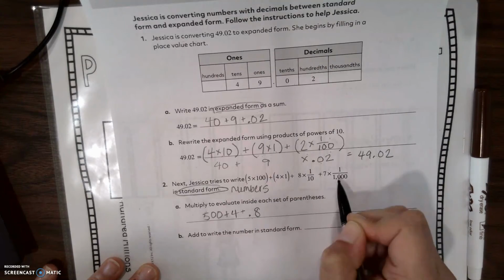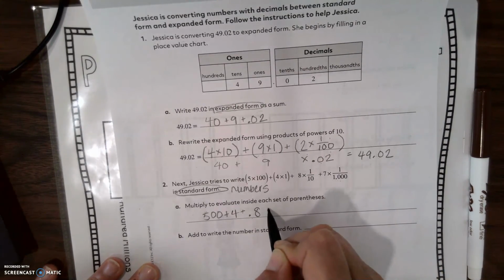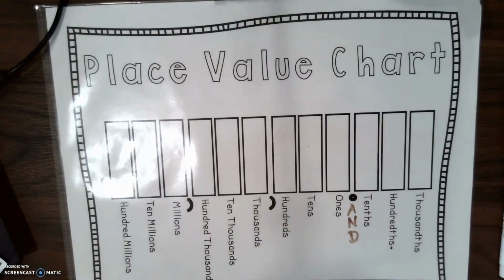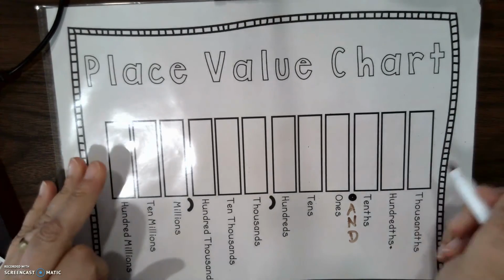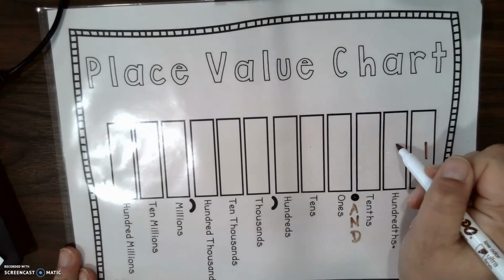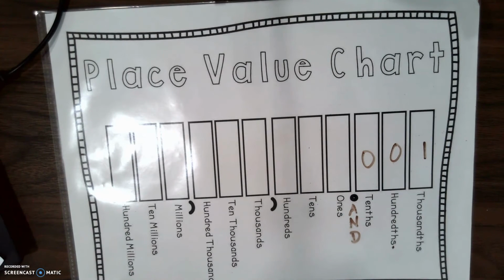And then 7 times 1/1000th. How would I write 1/1000th? Well, I go over here to my place value chart, and I put a 1 here. Well, that's pretty empty over here, so I have to write zeros until I catch up to my decimal point. Do you see how I did that?